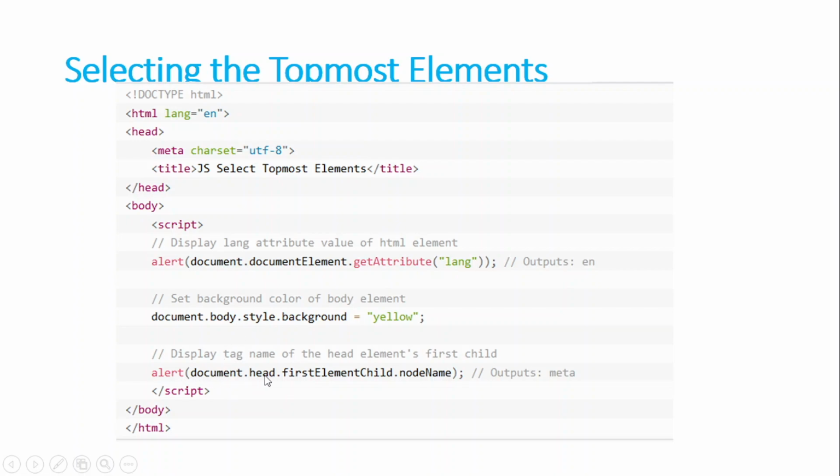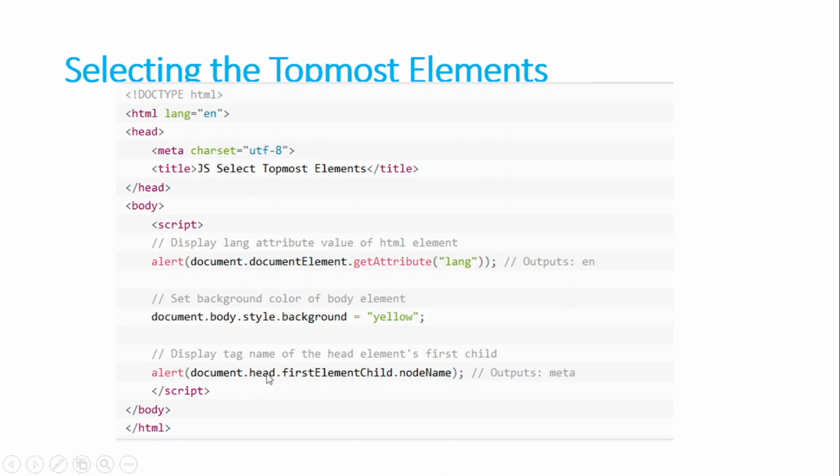Similarly, we also added an alert with document.head.firstElementChild.nodeName. So this will give us the head element's first child node name, which is meta. So this way we can access the head element.